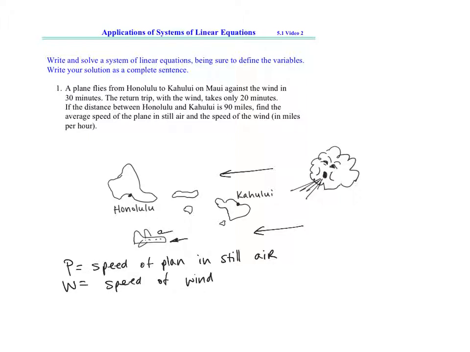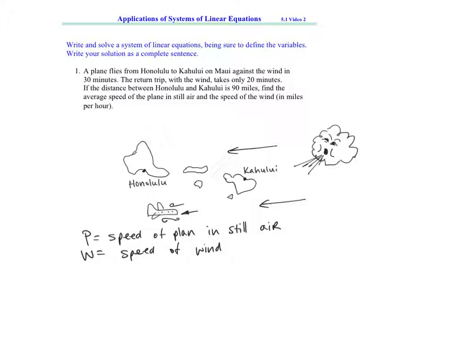That wind is just pushing the plane back a little bit. So the actual average speed that the plane is going would be its true speed in still air, and then it's fighting against the wind. So the wind is slowing it down just a little bit.